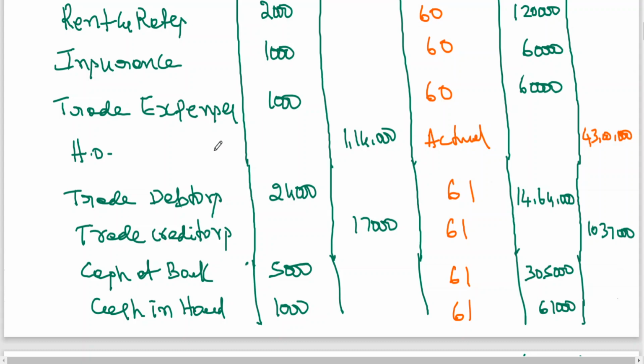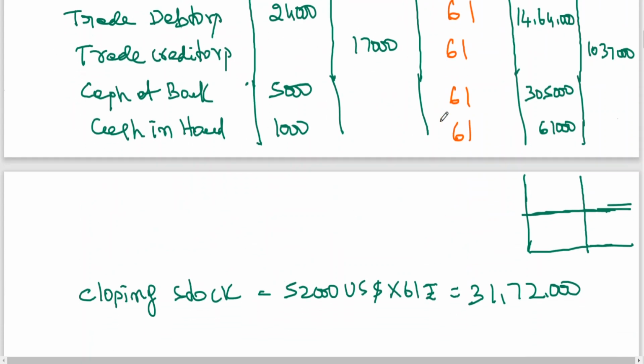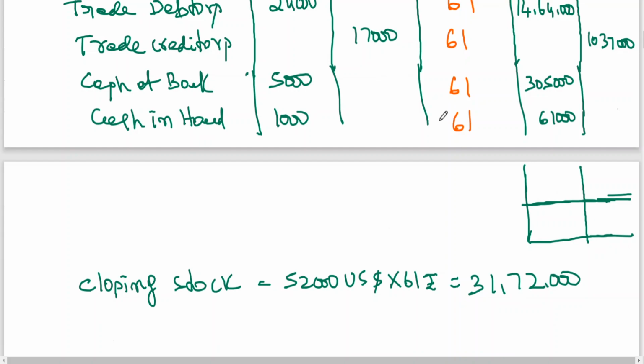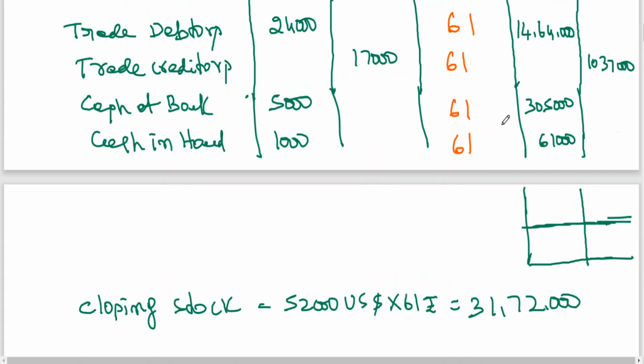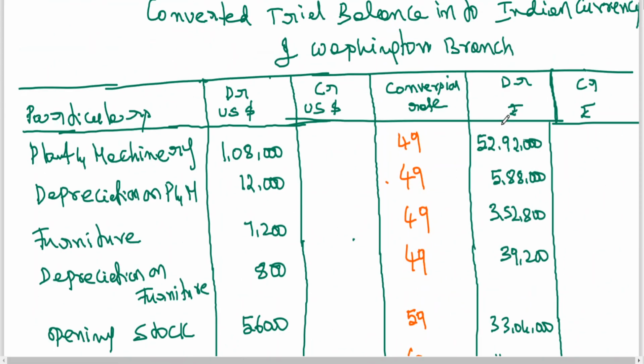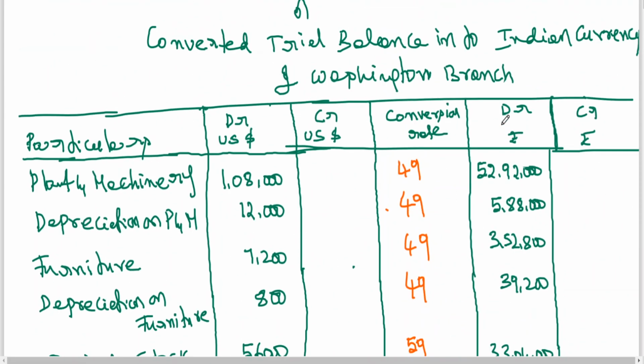Okay, let me cross check once again. I got something like 1 crore 76 lakhs 26. Let me check from the beginning.